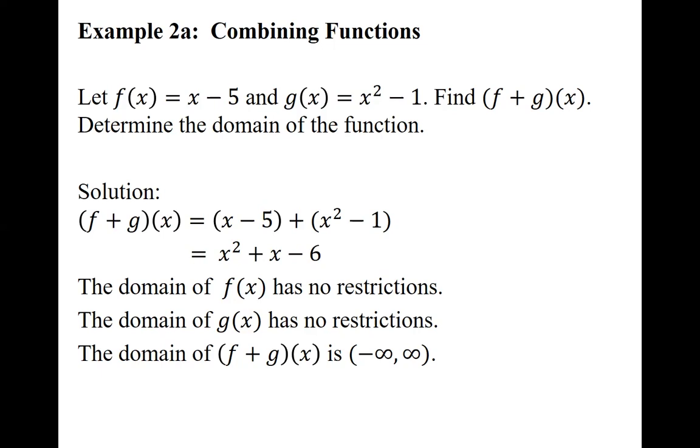So we're adding x minus 5 and x squared minus 1. That's just the single x squared, the single x, and then -5 minus 1 is -6. X squared plus x minus 6.